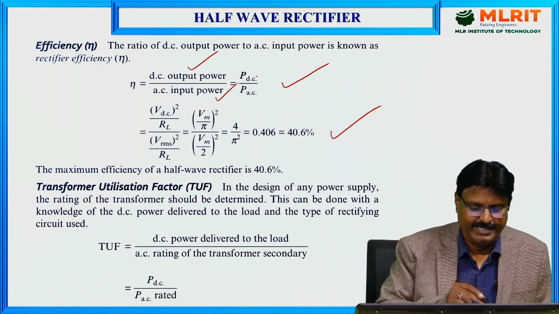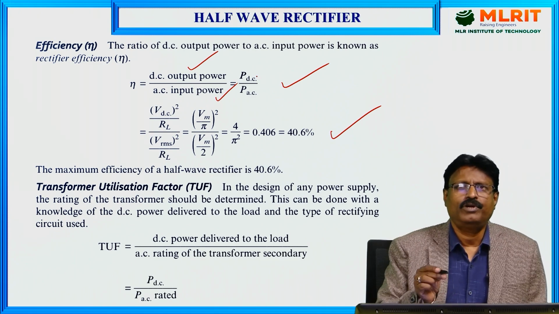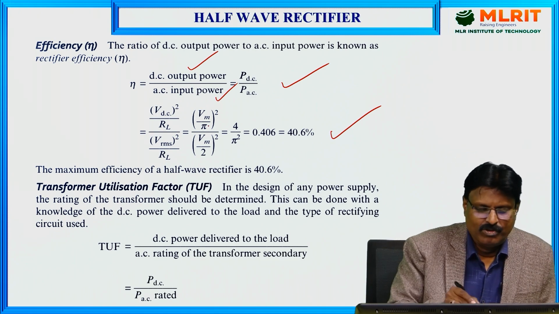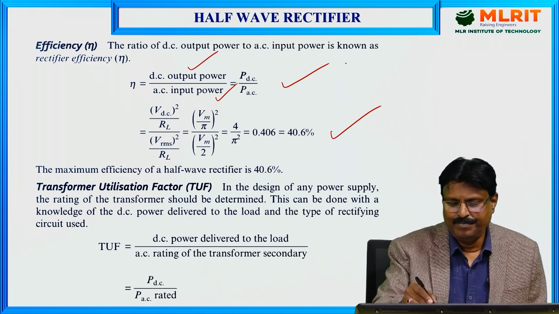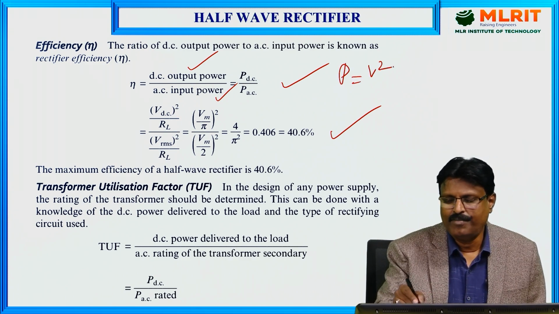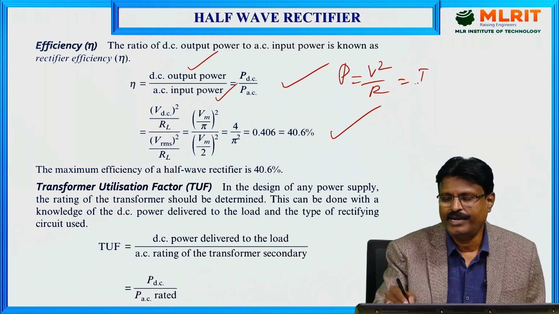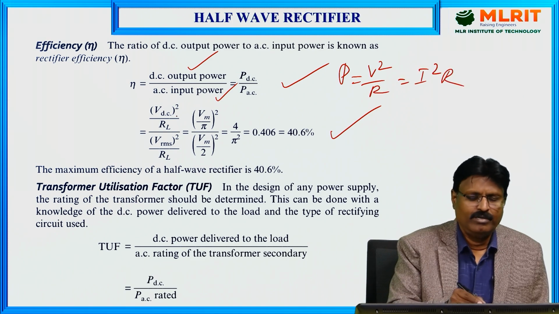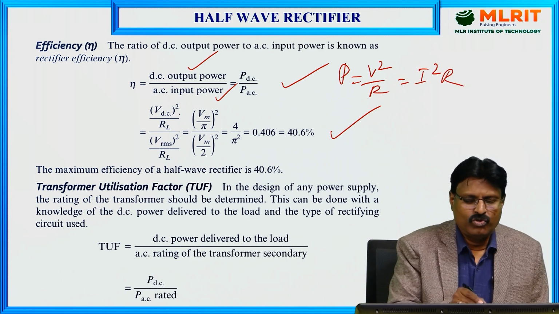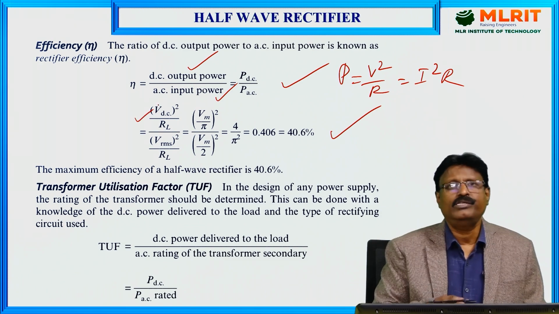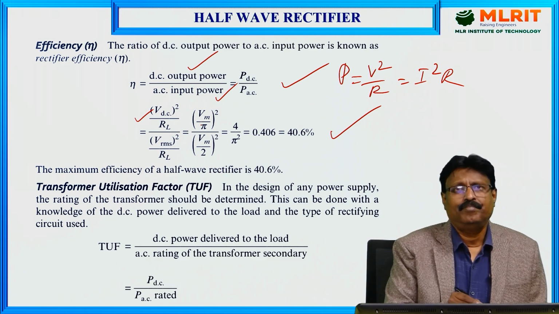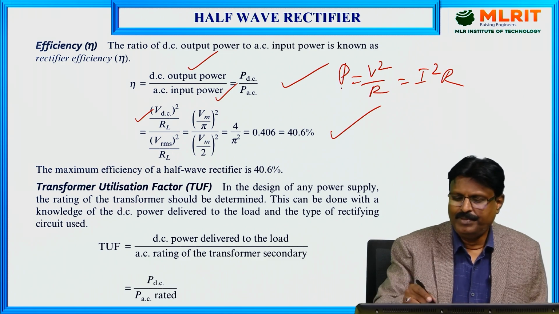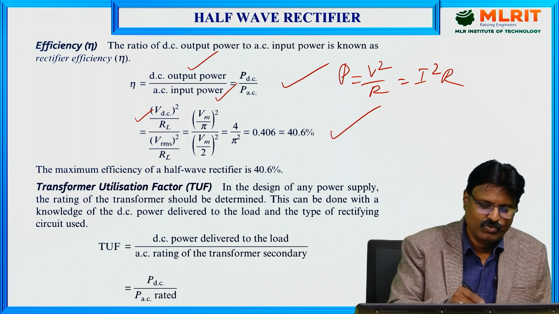So PDC means output DC power. Here the power equation can be written as P is equal to V square by R or I square into R. So VDC square by R, where R is the load resistance, and you know the value of VDC as Vm by pi. PAC also the same: P is equal to Vrms square by RL.